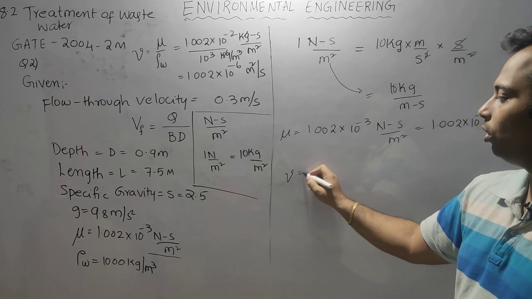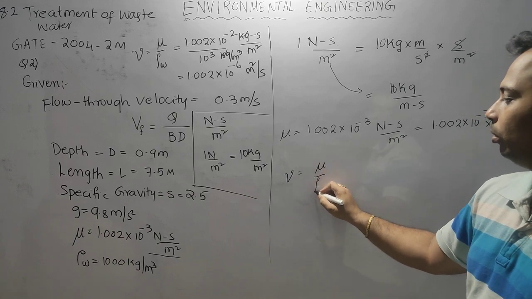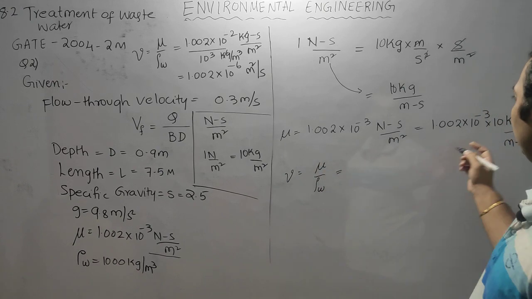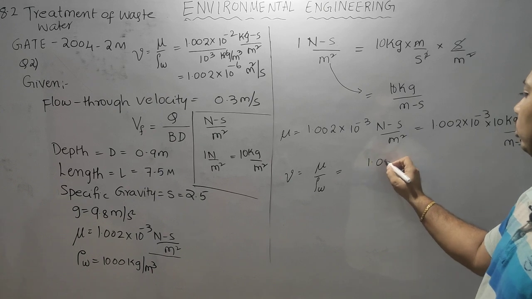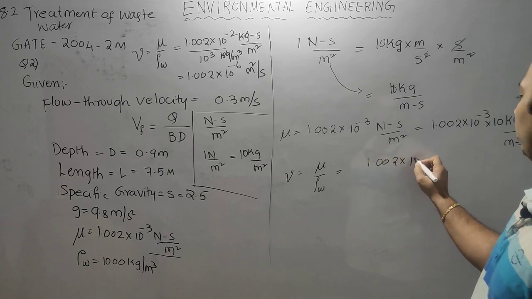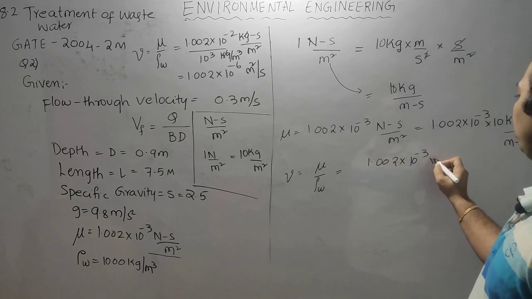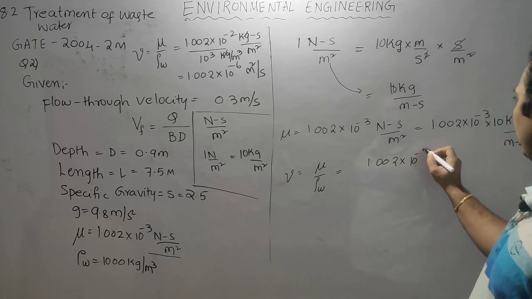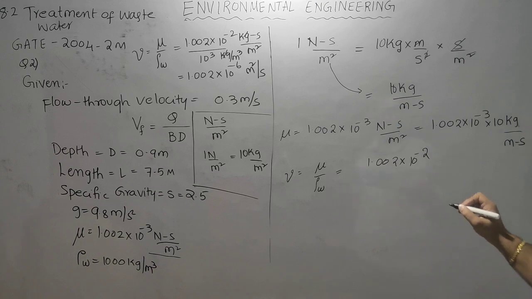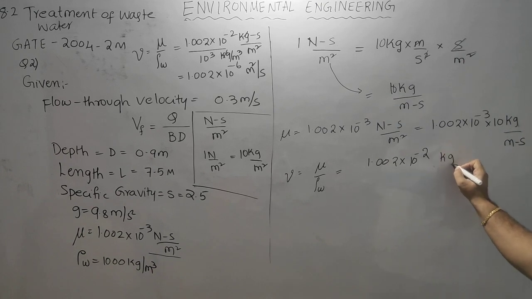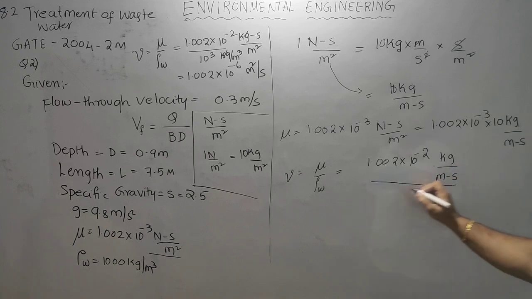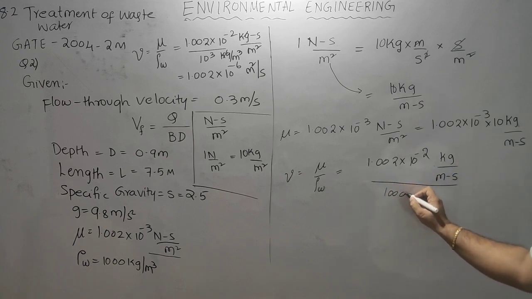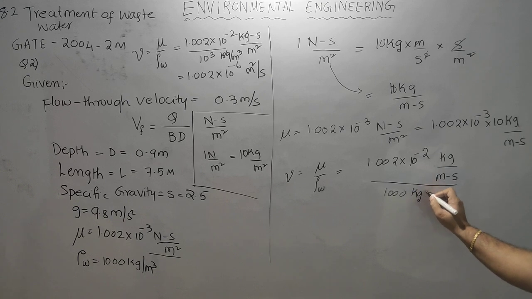Now this is mu. So nu is equal to mu by rho w. Mu is 1.002 into 10 to the power of minus 3 into 10, that is 10 to the power of minus 2 kg per meter second, divided by 1000 kg per meter cube.